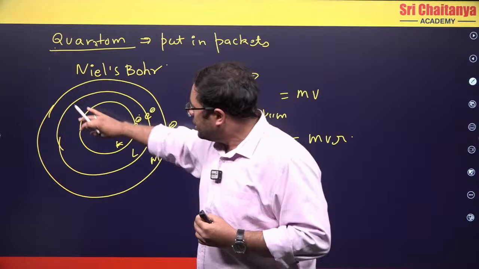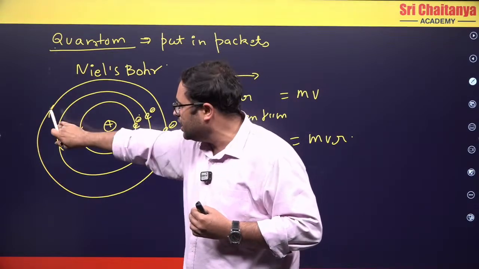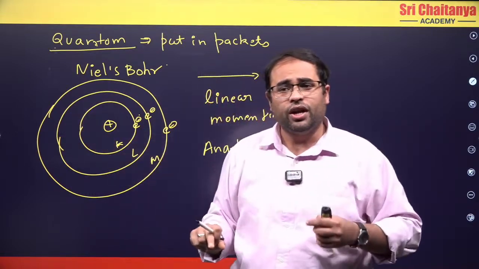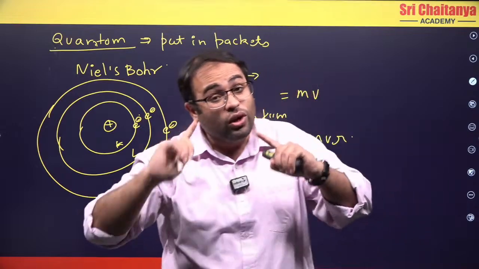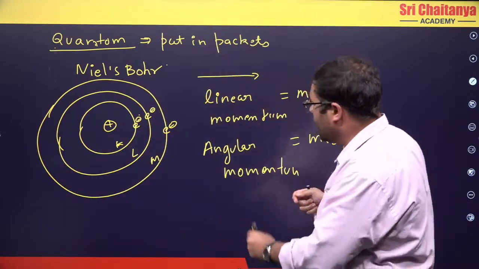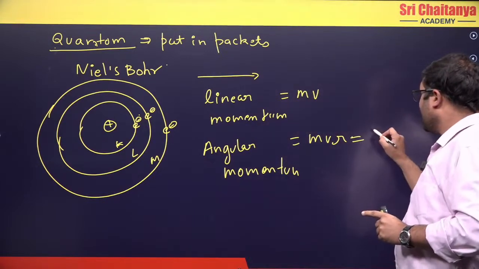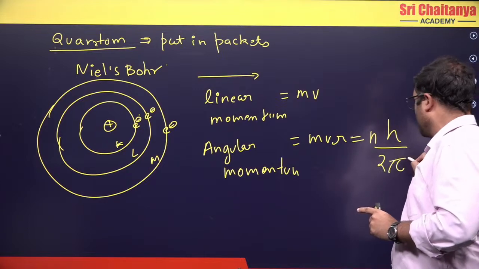No, right? It will be somewhere here, then there is empty space, and then another orbit here. So why is there no orbit in this empty space? It is because an electron can revolve only in those orbits where the electron's angular momentum is nh by 2 pi.